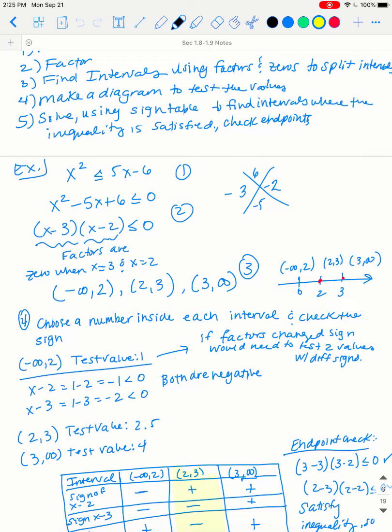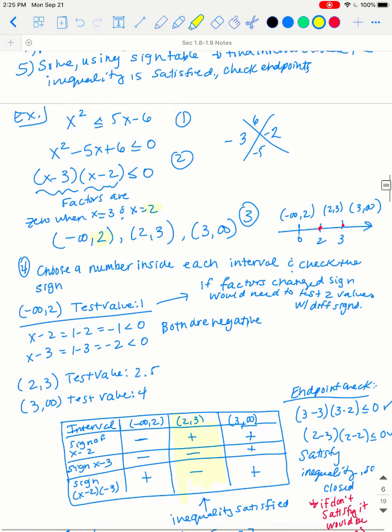So we're doing negative infinity to 2 because 2 is our zero, we're doing the space in between, and then we're also doing the space after 3. Here on the right, you can see our diagram. We have negative infinity to 2 as an interval, 2 to 3 as an interval, and then 3 to infinity, because our zeros are the red dots. So we're going to choose a number inside each interval and check the sign.